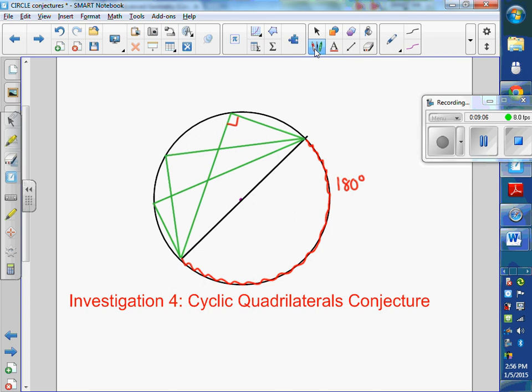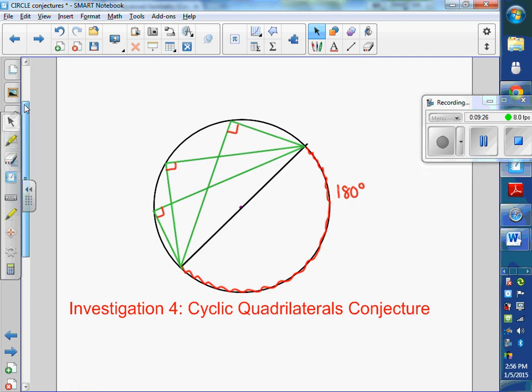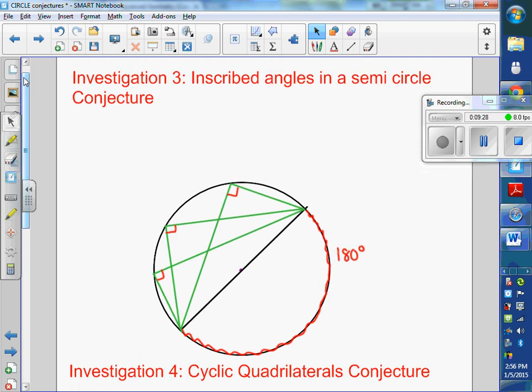These are always right angles. You can see my picture has a little bit of error there; it maybe didn't land exactly on the endpoint. So angles inscribed in a semicircle are right angles.